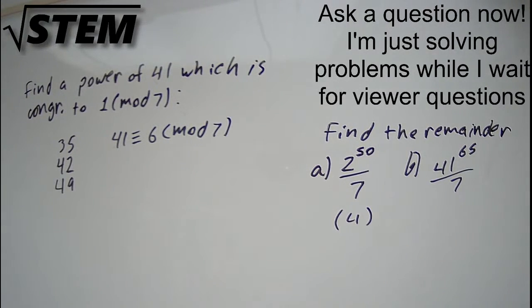Because if you divide 42 by 7, or no, divide 41 by 7, you get 0.85, which is the same as 6 divided by 7? Yes, it is. Okay.